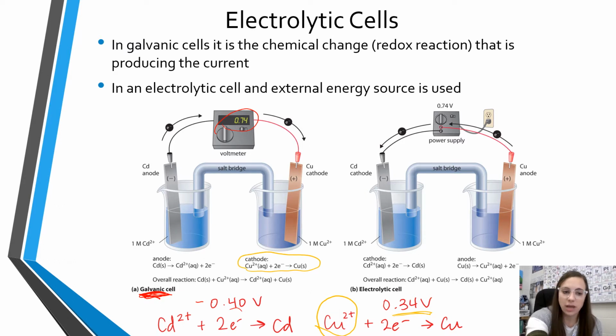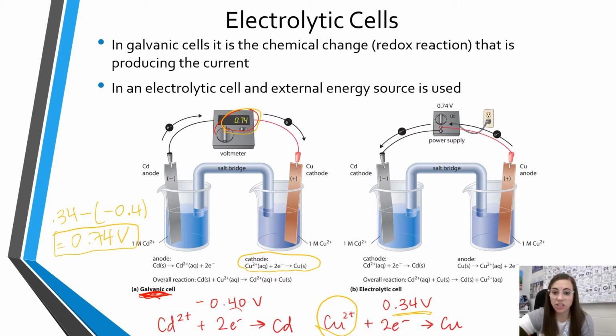So we do cathode minus anode, 0.34 minus negative 0.4, and that gives me positive 0.74 volts.